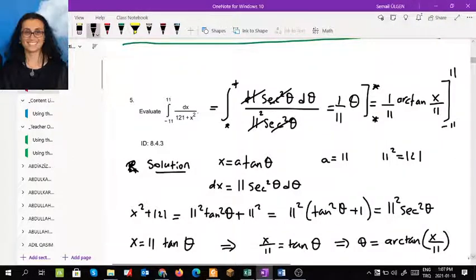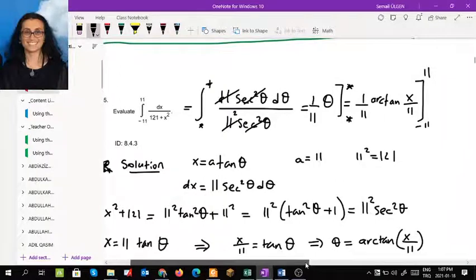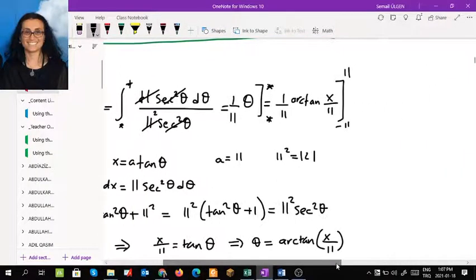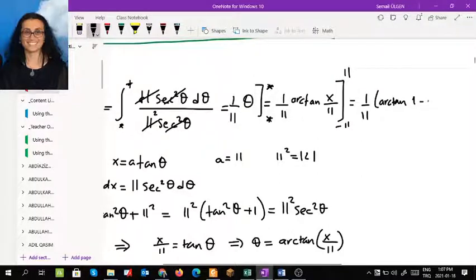Let's go towards the right a little bit to finish it off. This is going to give us 1 over 11 times arctangent 1 minus arctangent negative 1.